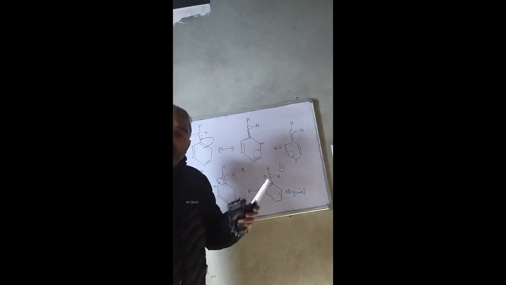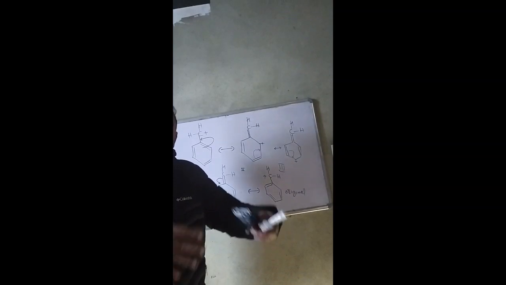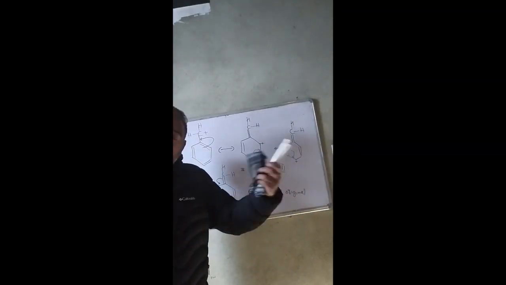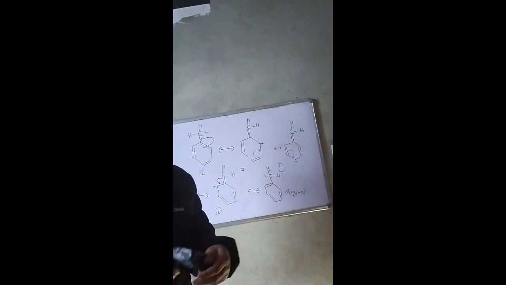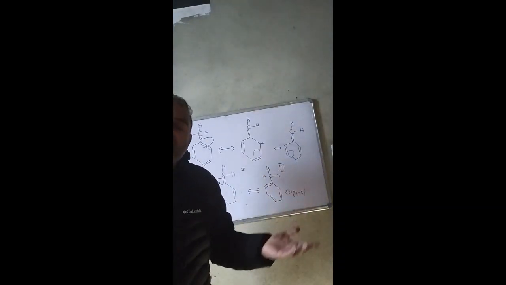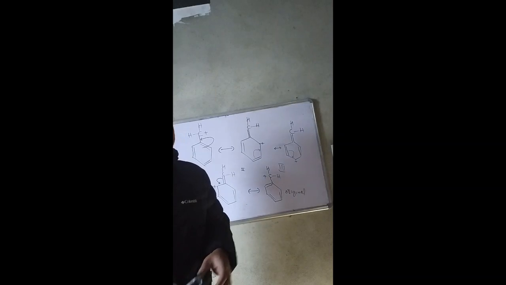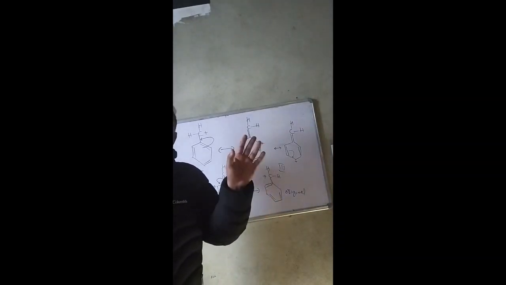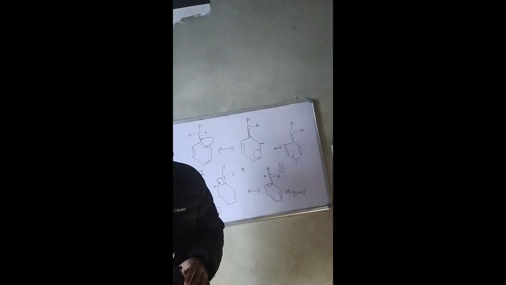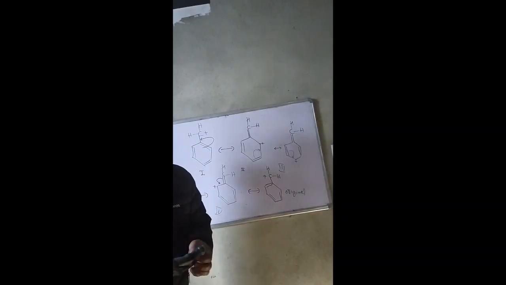But for some time being, positive charge gets dispersed, delocalized. This dispersal of positive charge helps in stabilization of carbocation. In other words, the more the number of such structures which we can write for a carbocation, the more will be its stability. Thank you very much.